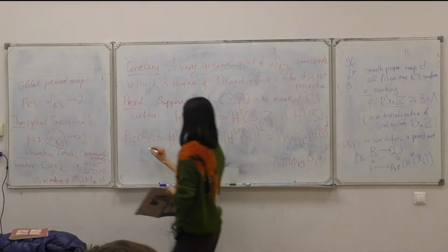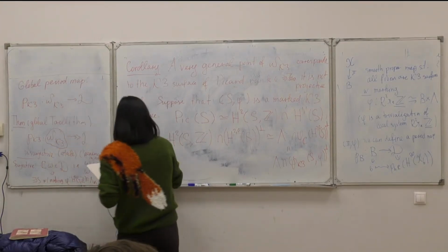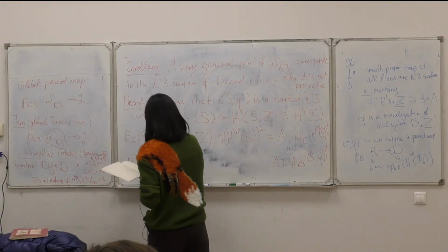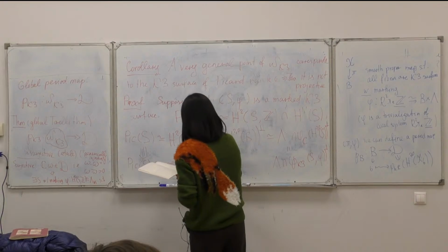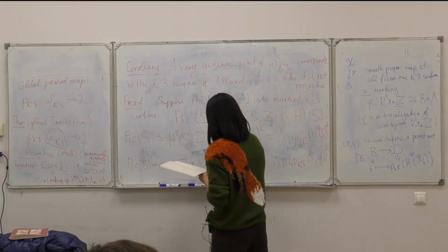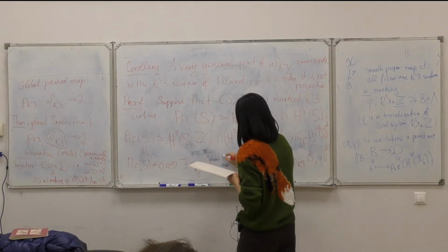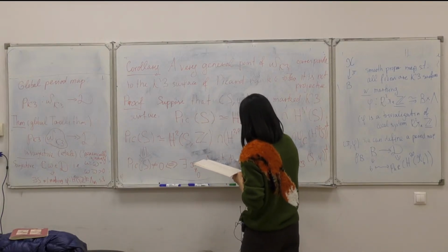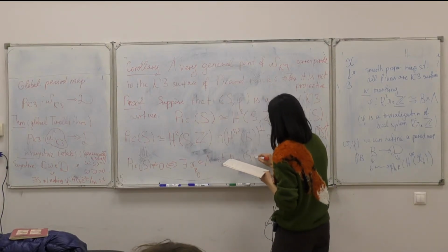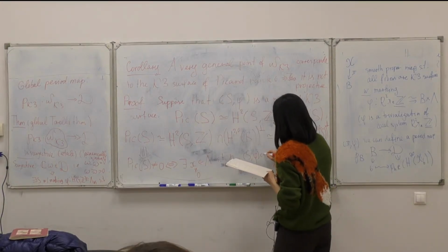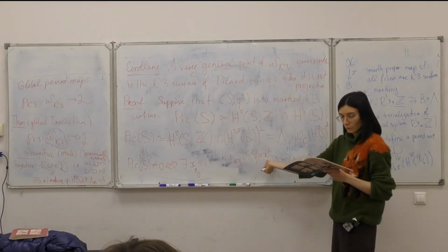So from this we see that the Picard group is non-zero if and only if there exists a non-zero point in our lattice such that the image of the global period map lies in its orthogonal. Okay?